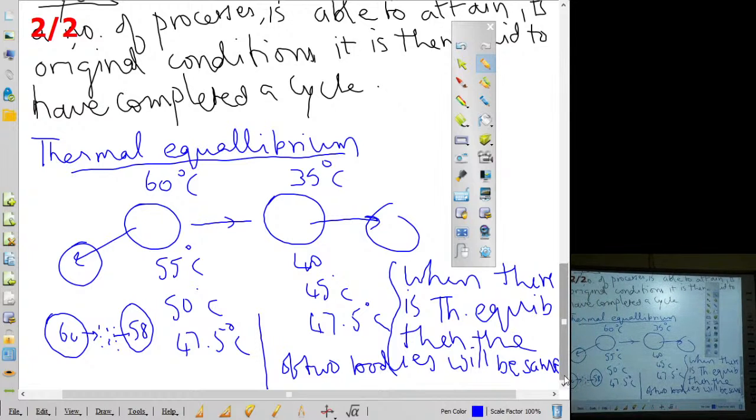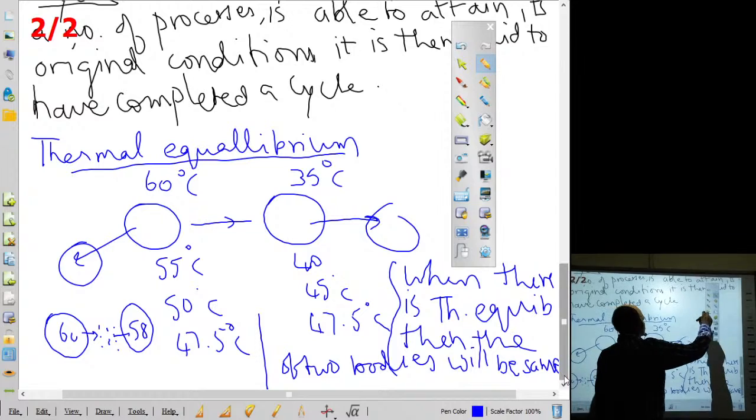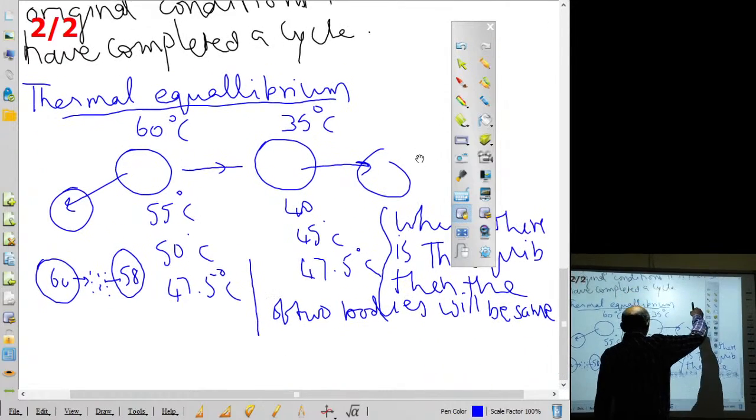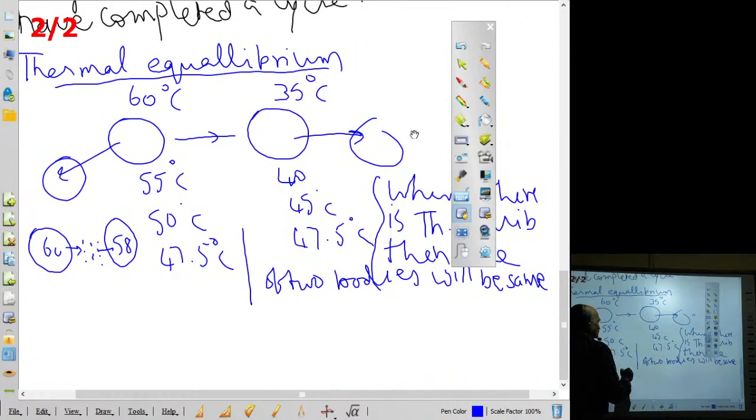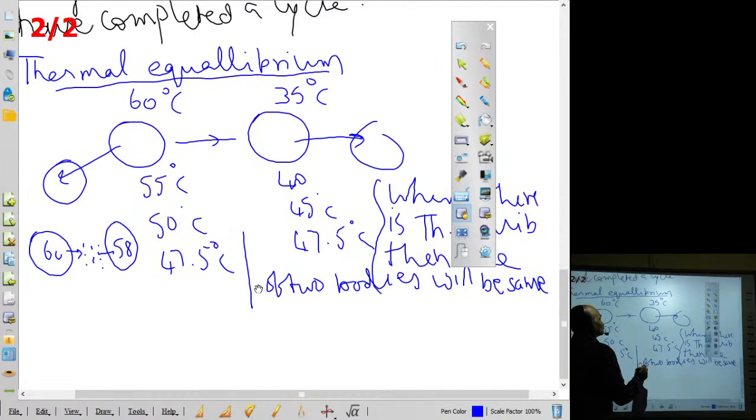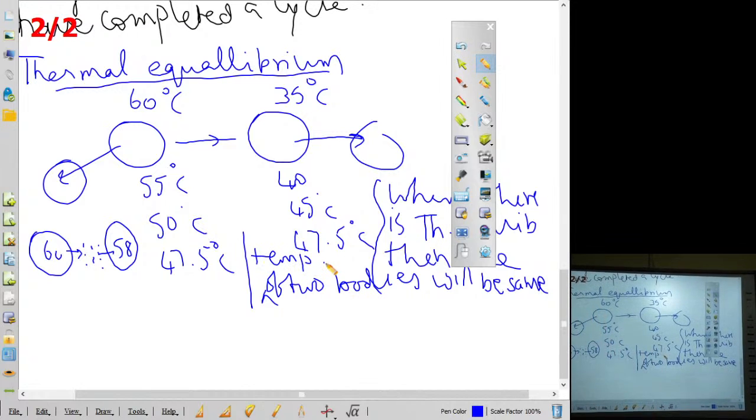Thermal equilibrium, then the temperature of the two bodies will be same. Okay. Thermal equilibrium. And then based on this, we have got one statement which is known as the zeroth law of thermodynamics.